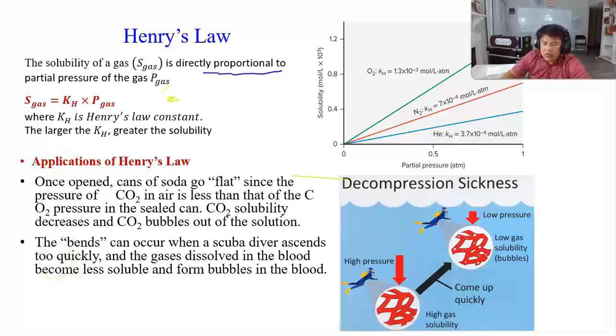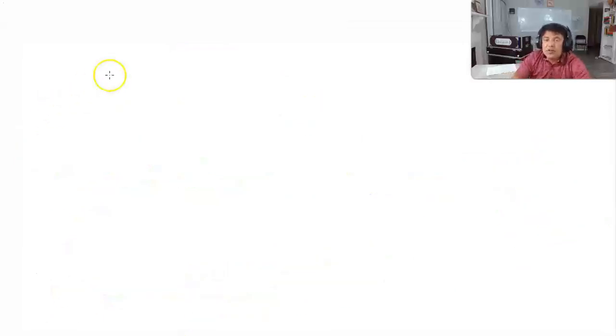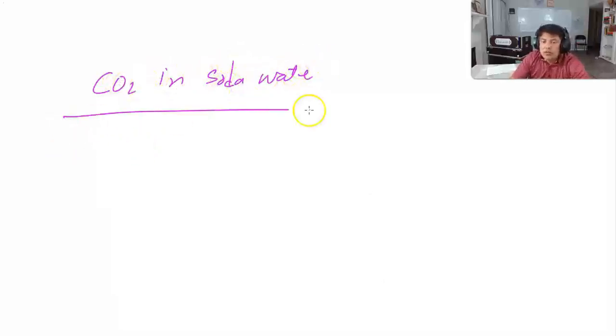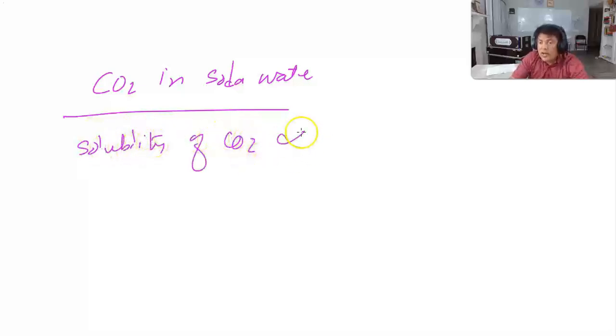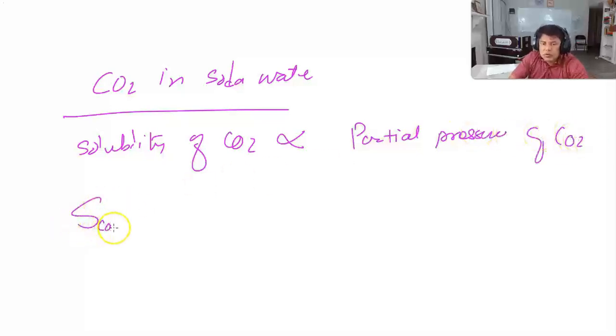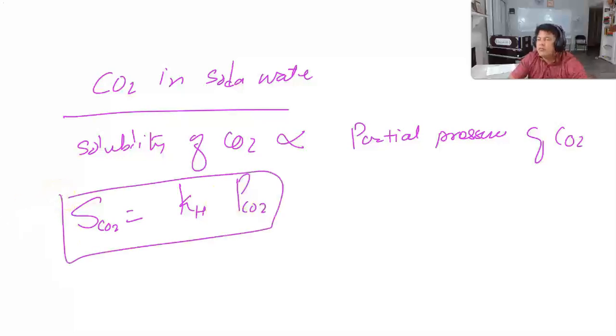To understand that, let's see CO2 in soda water, for example. The solubility of CO2 is directly proportional to the partial pressure of CO2. So the solubility of CO2 equals Henry's constant times the partial pressure of CO2. This is Henry's law.